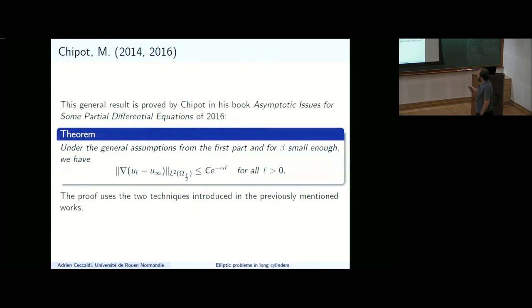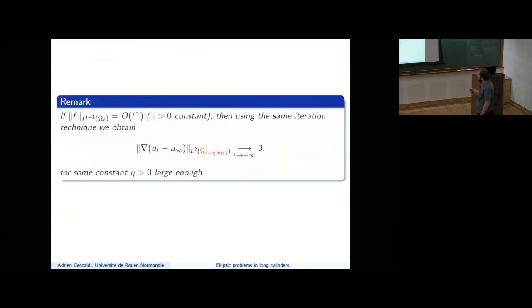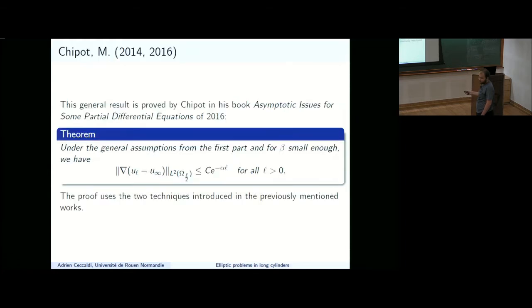In 2014, Chipot proved this result for the Laplacian and proved the general result for the homogeneous Dirichlet problem in 2016. And just a remark, which is that we can extend, supposing a polynomial growth on f at infinity, that we can have here omega L minus eta log of L instead of the classical omega L over 2.